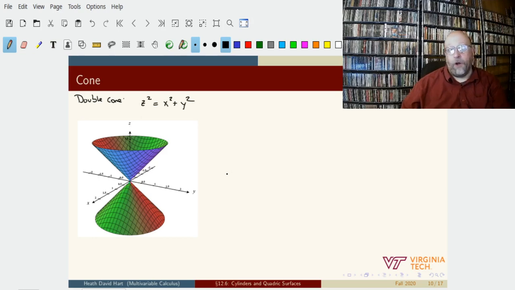This is a very simple cone. Z squared equals x squared plus y squared. And because the z is squared, when we solve for z, we get a positive and a negative value. And so we get the positive cone and we get the negative cone from the equation. And so that's where the doubled version of the cone comes from, is that the z is squared in the equation. Okay? The important thing here is that there is no constant term in this equation.